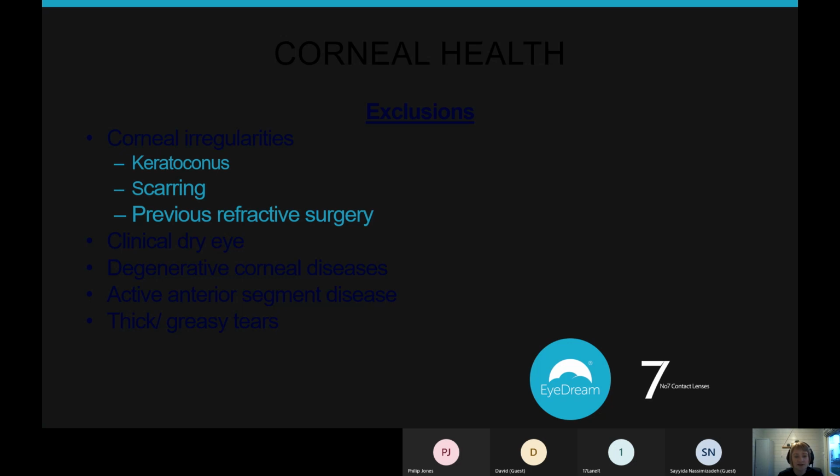So if you had scarring in the mid-periphery that led to a raised area or a dip, then you may find that actually that lens doesn't fit close enough, and therefore the forces don't work equally in all directions, and therefore we get stuck and aren't able to create the correction.